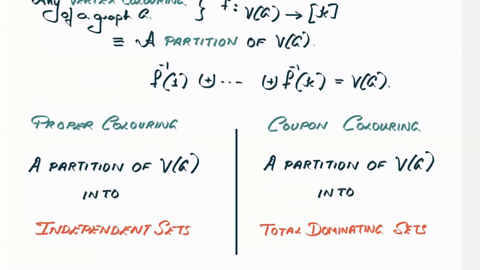In a coupon coloring, each color class turns out to be a total dominating set, and therefore a coupon coloring on the whole is a partitioning of the vertex set of a graph into different total dominating sets. I hope it is clear, but feel free to ask if something is not clear.